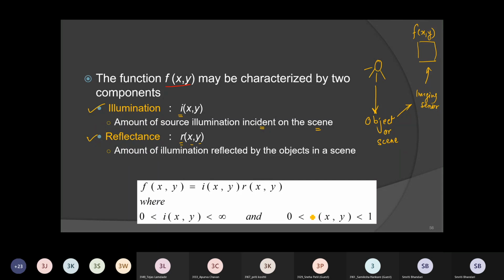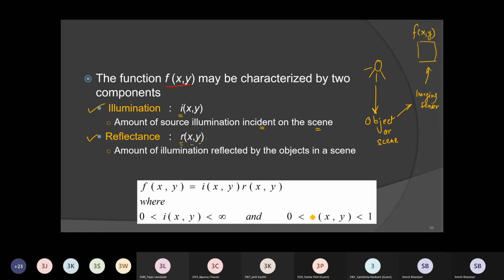Actually, the amount of energy that is incident on the scene, right? If no amount of energy, then we may say it is 0. And if the maximum amount of energy is incident on my scene, then it may be infinity. Right? But in contrast, what is reflectance? It is the amount of illumination reflected by the object. Right? So it lies between 0 and 1.